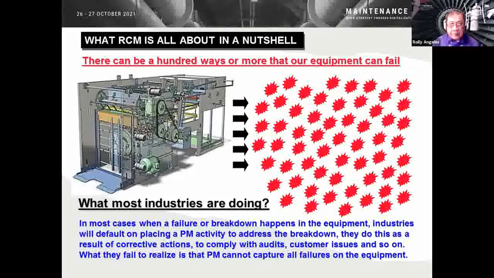And this is being done as a result of corrective actions or to comply with audits, customer issues, and whatnot. But what we fail to realize is that preventive maintenance alone cannot capture all failures and breakdowns on the equipment.